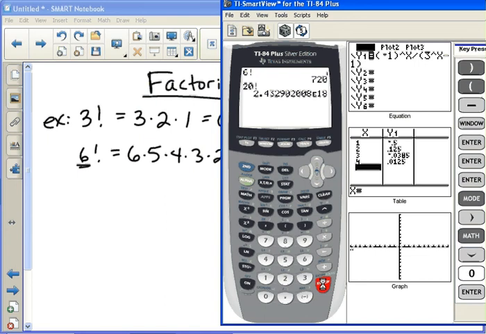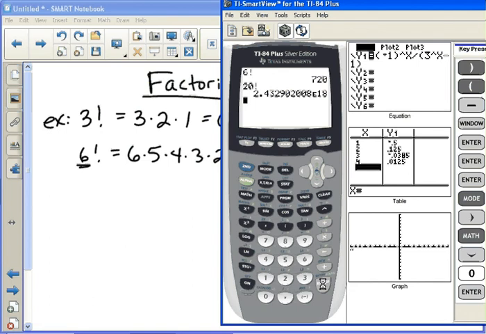So factorials get ridiculously big, ridiculously fast. So I just wanted to make sure, in case you see any factorials, you're welcome to always do those in your calculator. There's nothing wrong with that. You don't need to know how to do them by hand at this point.